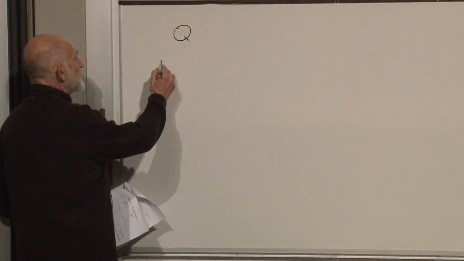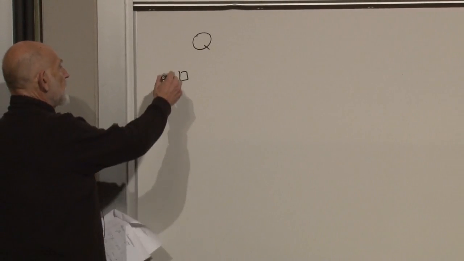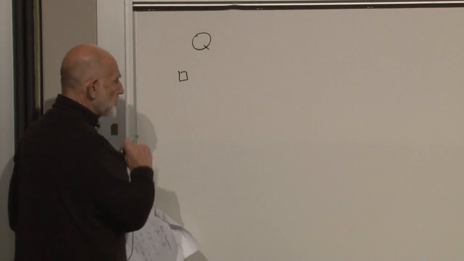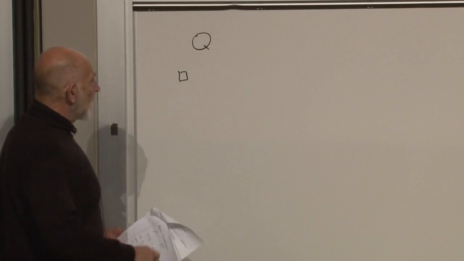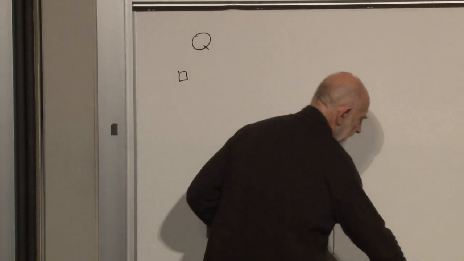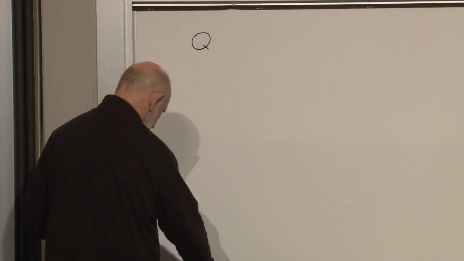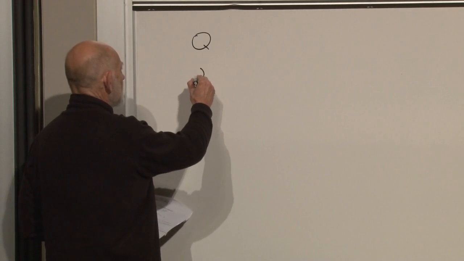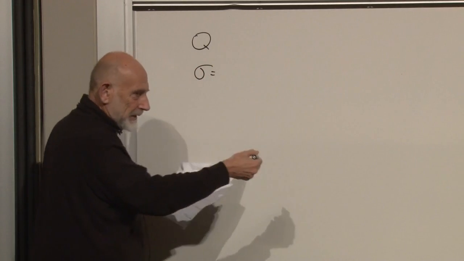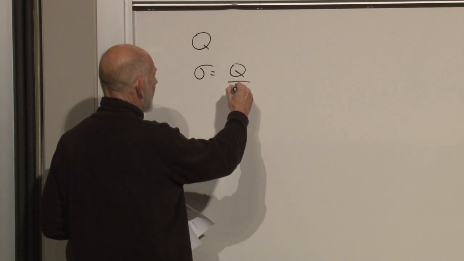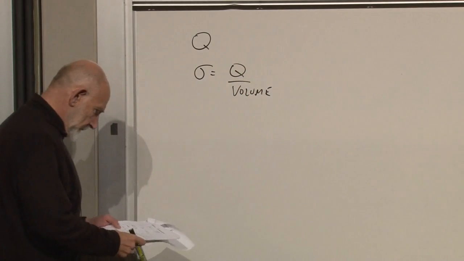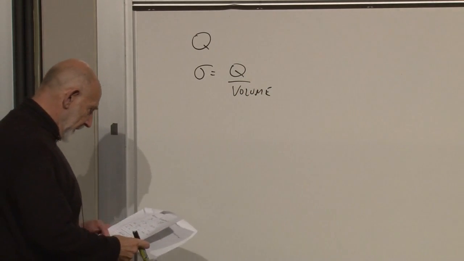Charge density is you take a small volume, a differential small volume, you take the total amount of charge in there, divide it by the volume, so it's charge per unit volume in the limit of small volume, differential volume. Okay, and we'll call that sigma. Sigma equals, schematically, Q divided by volume. At least it has units of charge divided by volume.